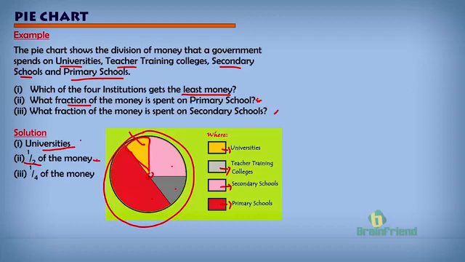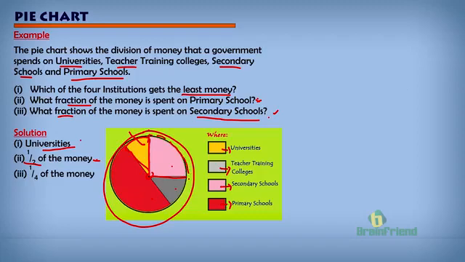The last question says, what fraction, again, of the money is spent on secondary schools? The pink colored part of our pie represents secondary schools. If we take a look at our pie chart, we'll notice that we have a quarter of the circle as the part belonging to the secondary school.